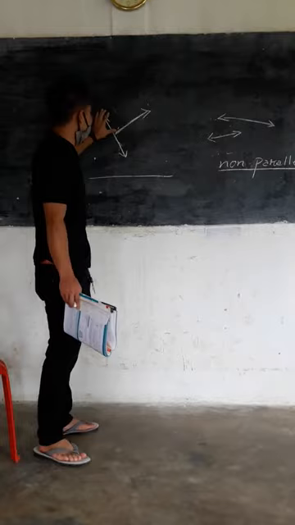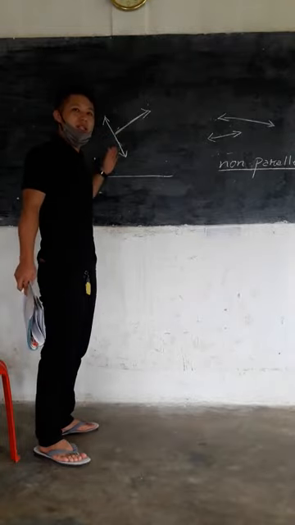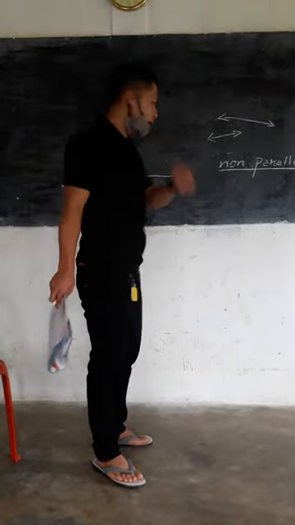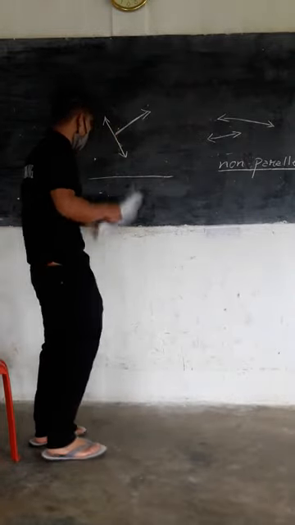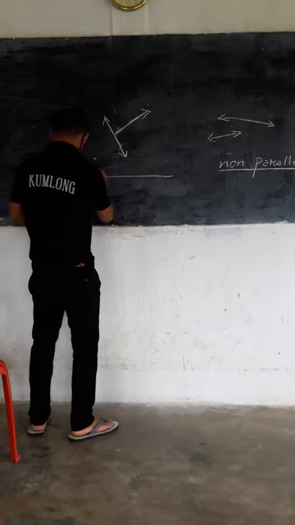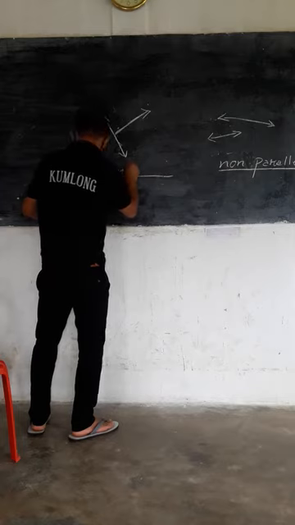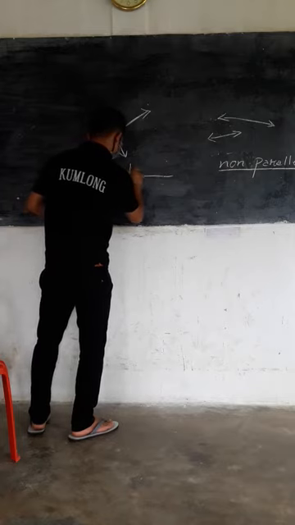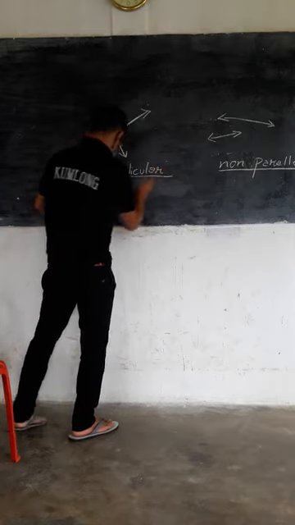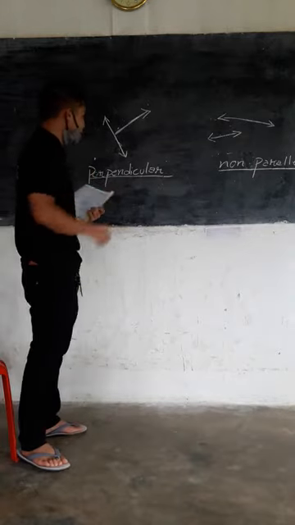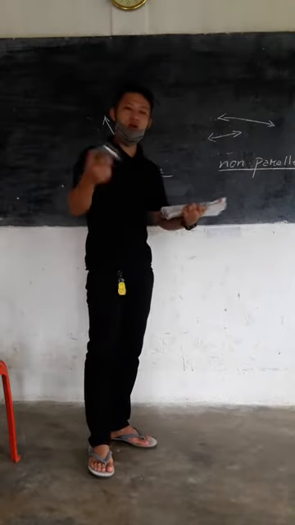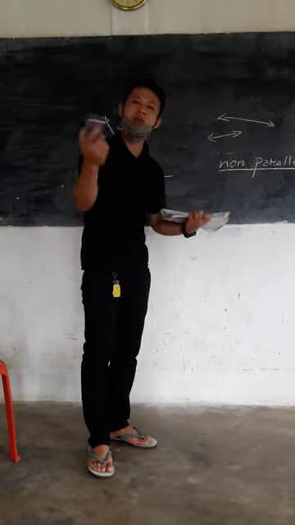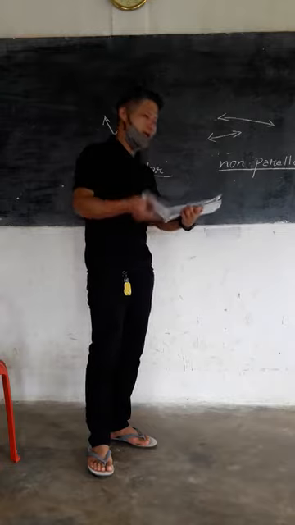So these intersecting lines are known as perpendicular. This figure is known as perpendicular. Next one. Question number E is also the same. It is also perpendicular.